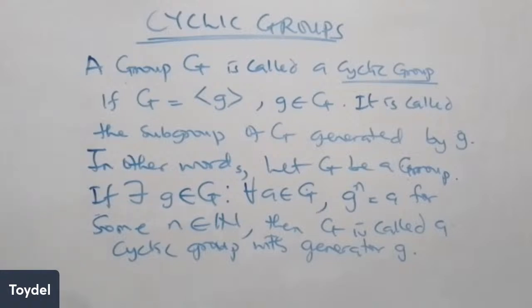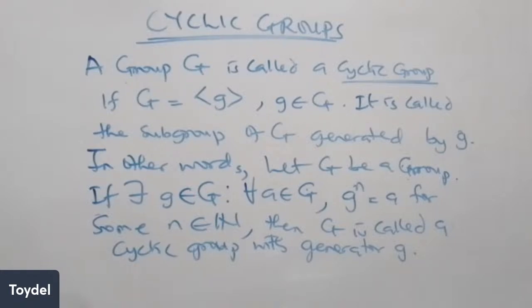I'm going to use an example to explain that better. A group G is called a cyclic group if G is denoted as what we have on the board, that bracket there, so it is called the subgroup of G generated by g. In other words, let G be a group.